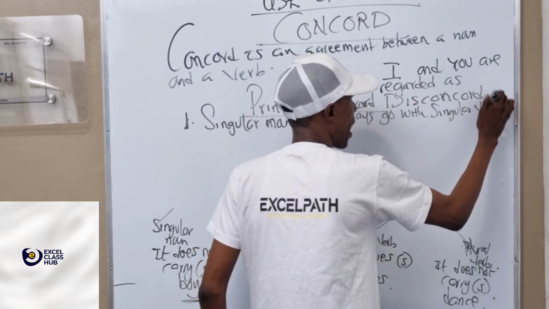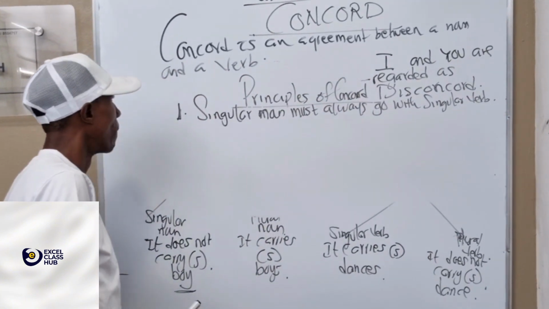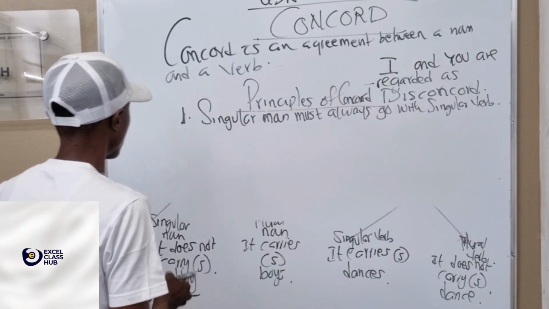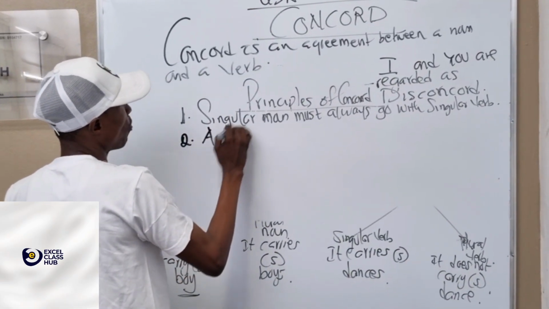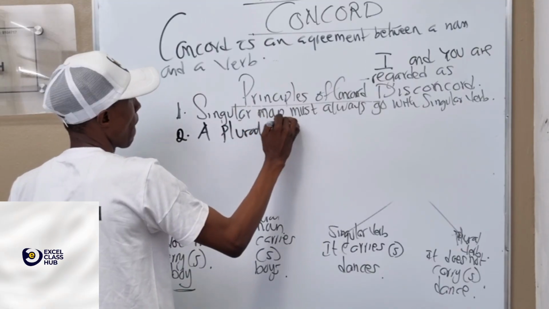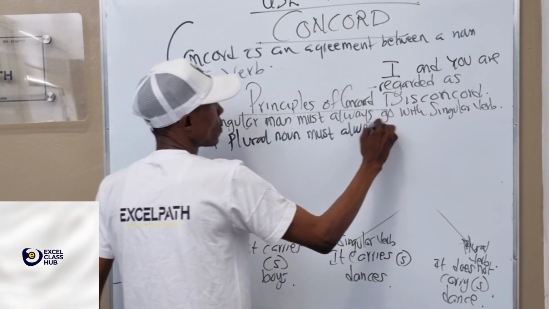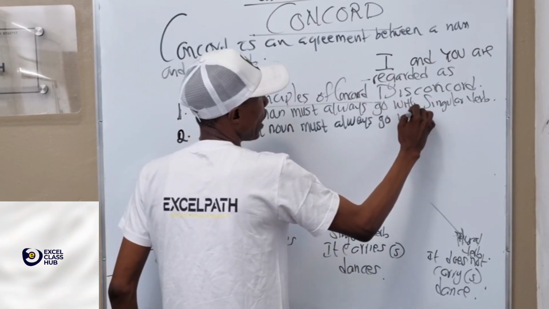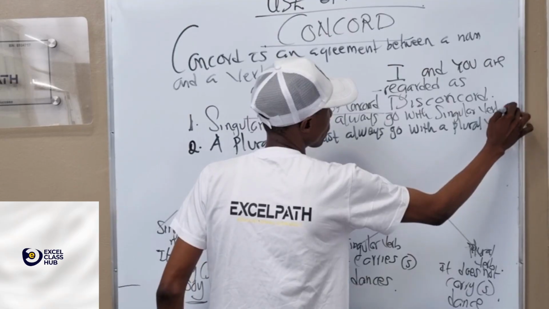Please take note of that. It's a principle. A singular noun must always go with a singular verb. And number two, a plural noun must always go with a plural what? Verb.